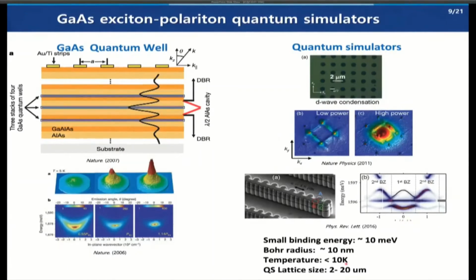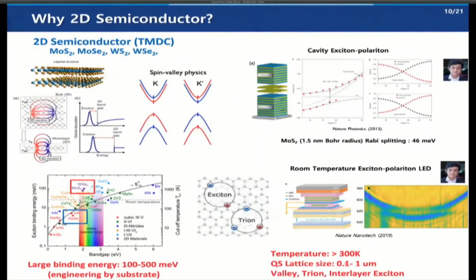Why 2D semiconductors? First, 2D semiconductors have a very large binding energy, around 100 to 500 millielectronvolts, compared with the exciton binding energy of gallium arsenide and other semiconductors. The 2D semiconductor exciton binding energy is larger than room temperature thermal energy, and it is easy to engineer by controlling the substrate dielectric constant.